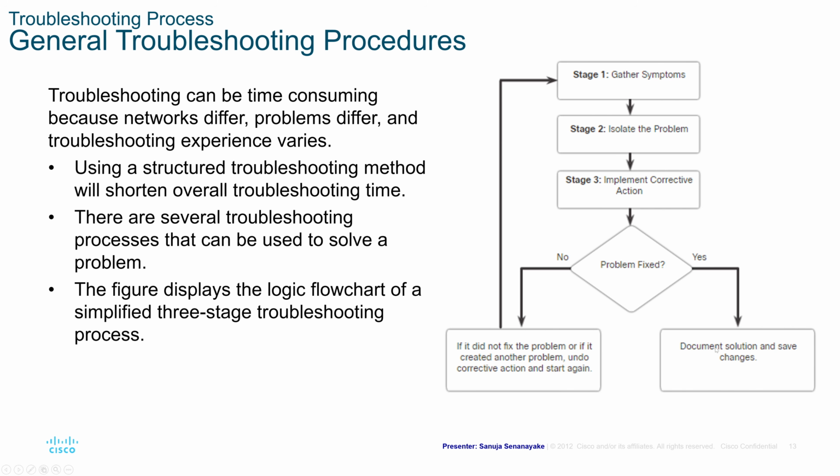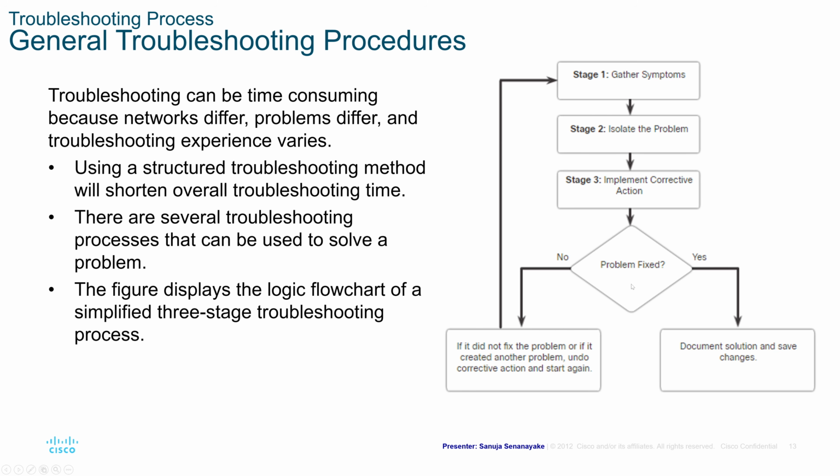That is a bad practice, because that documentation will help the next technician or network engineer who may see the same problem to resolve it faster than what you have done here. So after you gather the information, isolate the problem, implement the corrective action, and the action is working, you should always document the solution and save changes. And your organization should have proper procedures in place to do that.